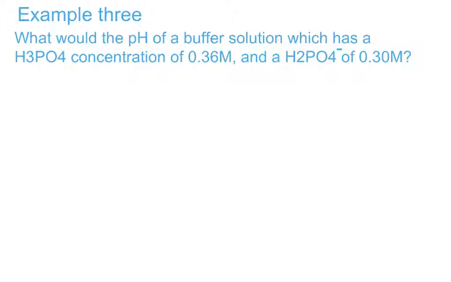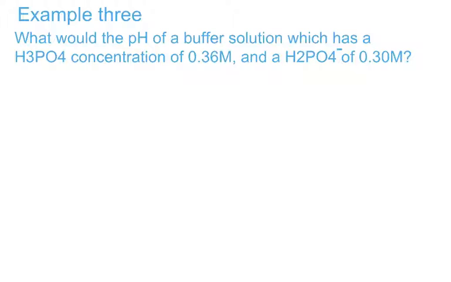What would be the pH of a buffer solution that has phosphoric acid, H3PO4, at a concentration of 0.36? It also has the conjugate base of H3PO4, which is H2PO4 minus, and that concentration is 0.3. Now, if you notice, the concentrations are not equal, so the log won't go to 0.